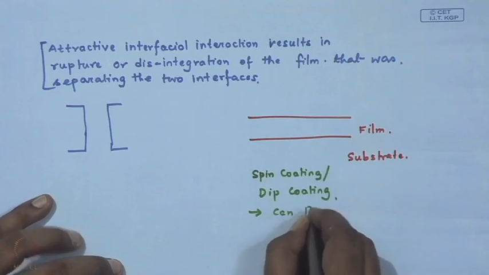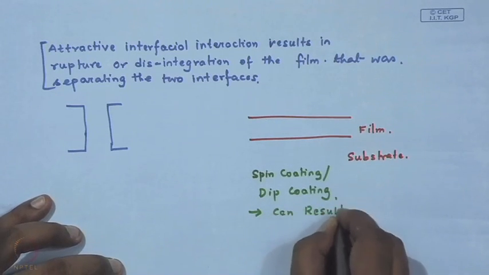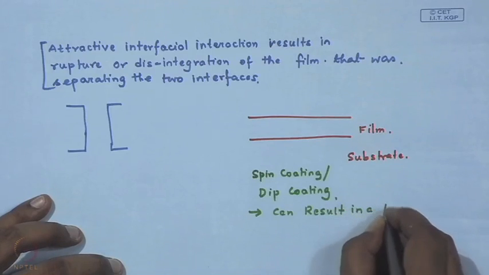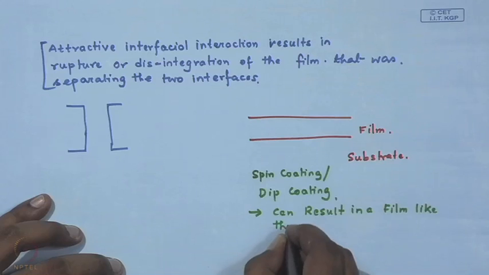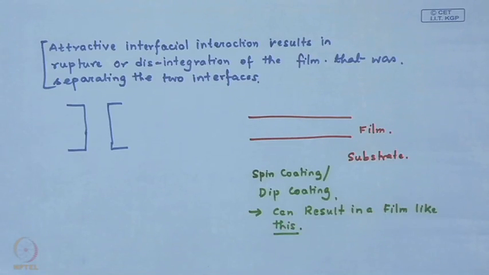Now, the question to ask is whether a film created like this remains stable over a prolonged period of time or it disintegrates.